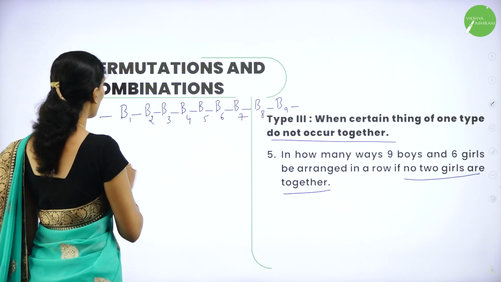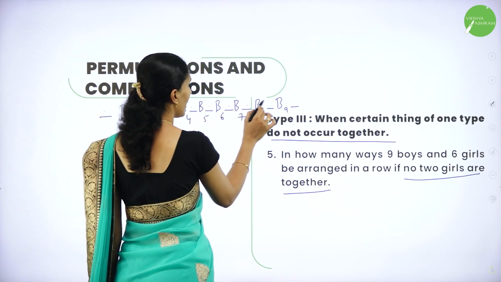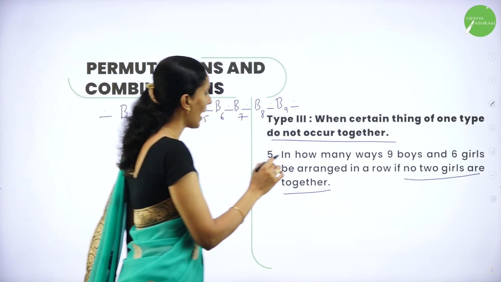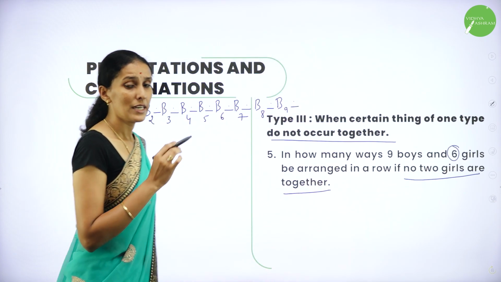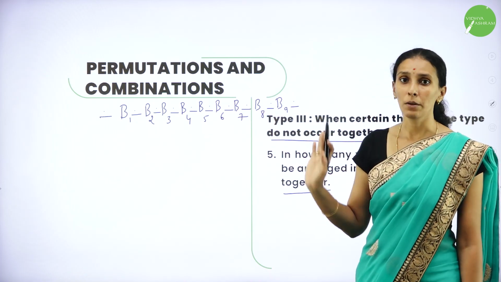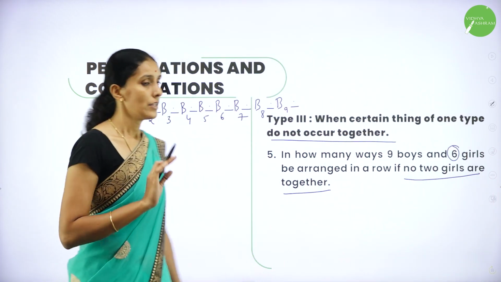Okay, so how many places do we have here? 1, 2, 3, 4, 5, 6, 7, 8, 9, 10. So we have 10 different places for girls. And how many girls do we have to fill? Only 6 girls. So 6 girls can occupy any 6 places in between the boys, but we have 10 places. Remember that.